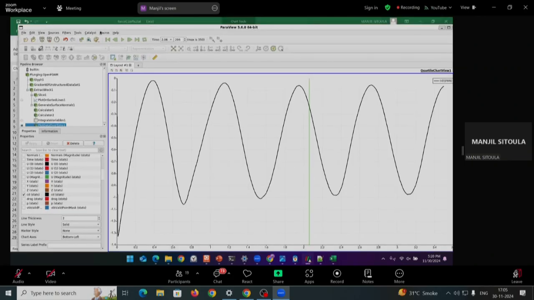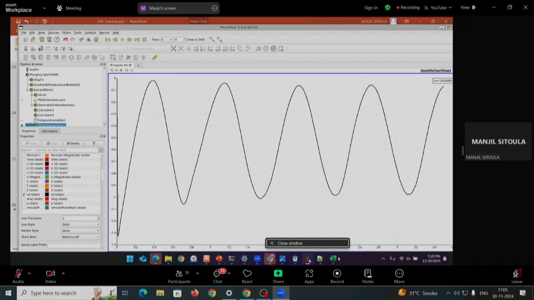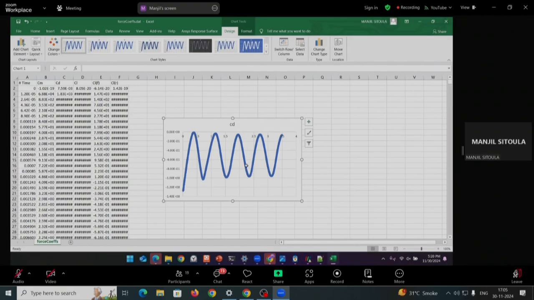Let me show it in my slide. So we have got the same plot as in ParaView. So we can plot using either of these methods.